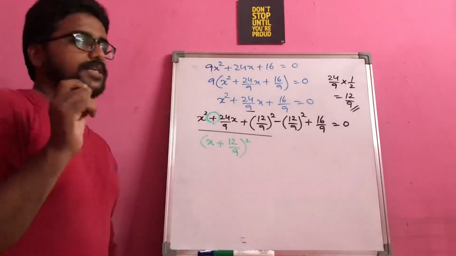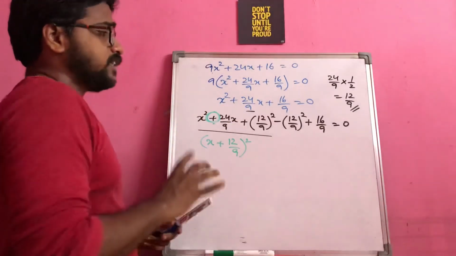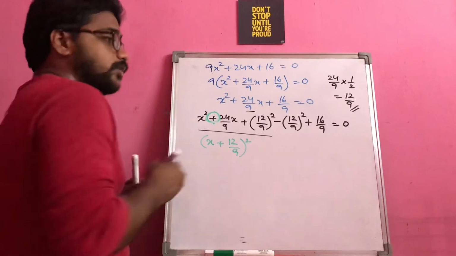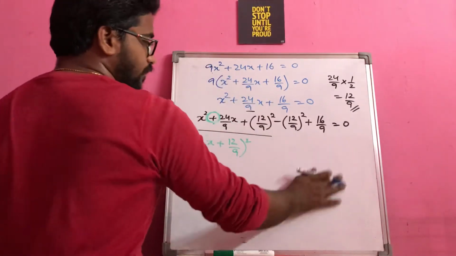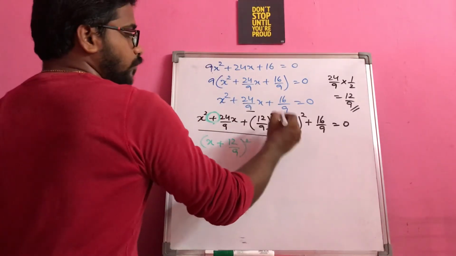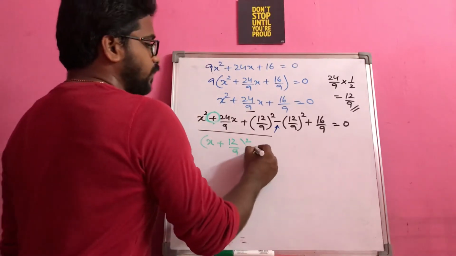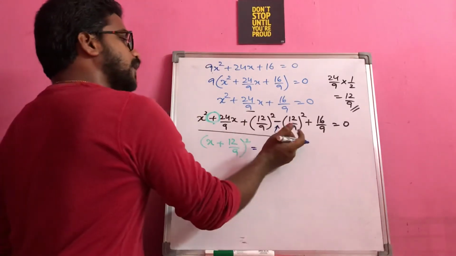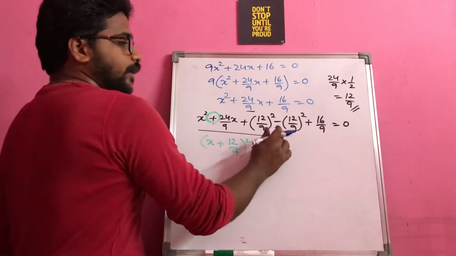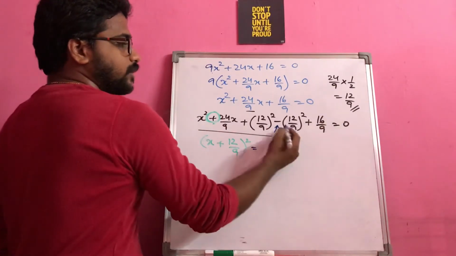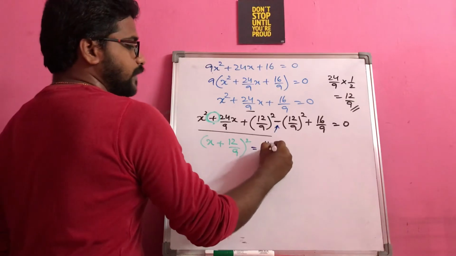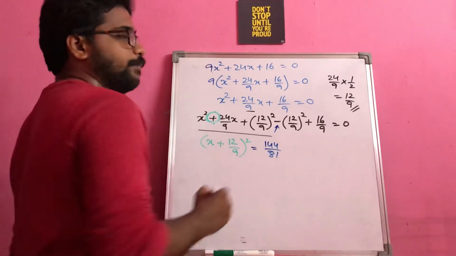Here I want to stress one point. Generally students commonly make a mistake at this level only. Usually they will ignore this minus. So to avoid that confusion, what I will explain to you is, try to take these terms to the other side. When you take these terms to the other side, this minus, if you send it to the other side, you will be getting plus.